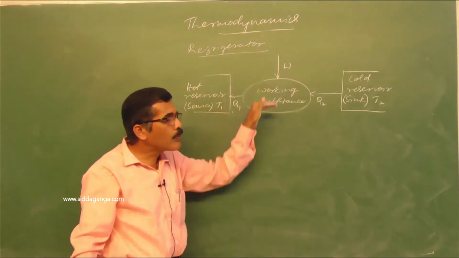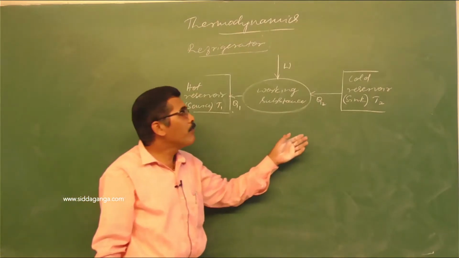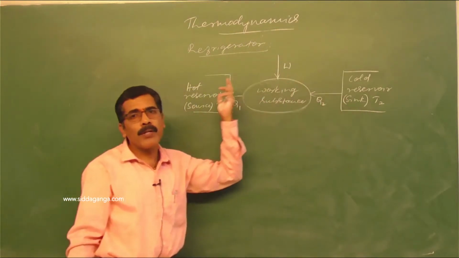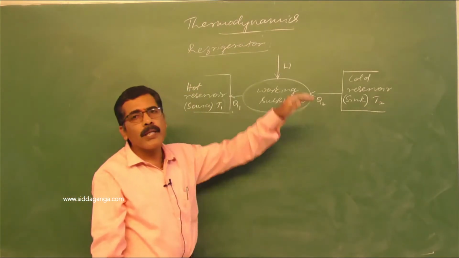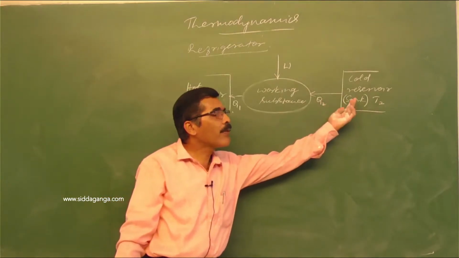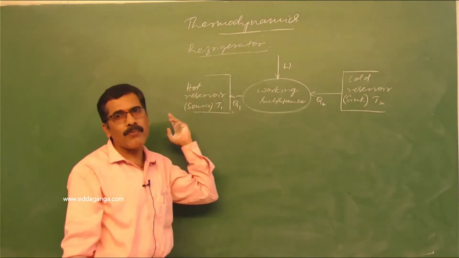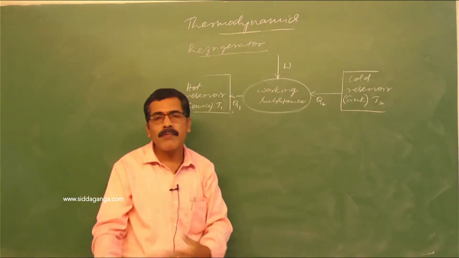Work is done onto the system in order to transfer heat from a body at low temperature to a body at high temperature. Here external work has to be done. So using a compressor, we are doing some external work in transferring the heat from the cold reservoir to the hot reservoir. That's why I told you a refrigerator is a reverse of a heat engine.